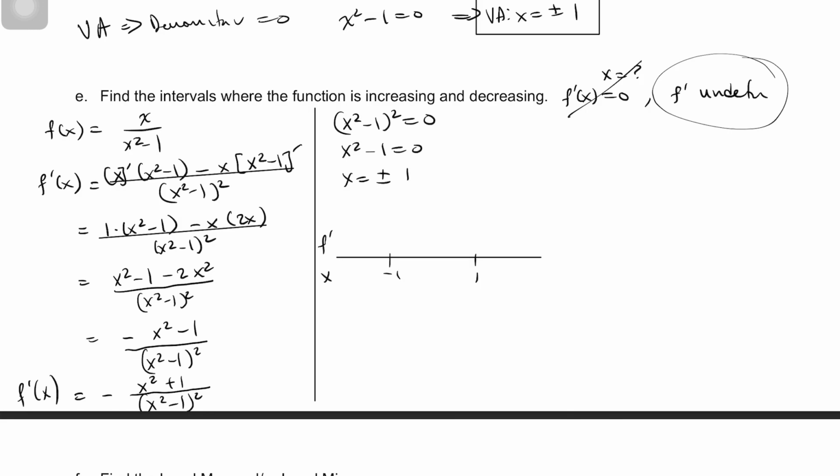And the first derivative of this, we know this is going to be undefined, right? All right, so we're going to test numbers on the left side, such as negative 2, 0, and 2. And so let's look at the original derivative.